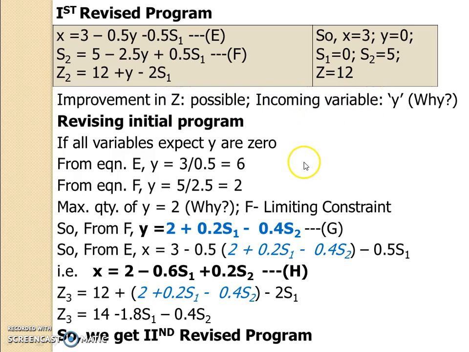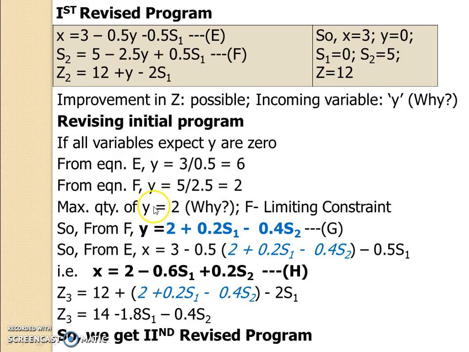Again, to determine the outgoing variable, we have to determine the limiting constraint. For that purpose, all variables except y are set to 0. Then from E, I will get y is equal to 3 upon 0.5, that is equal to 6, whereas from F, I will get y is equal to 5 upon 2.5, that is equal to 2.